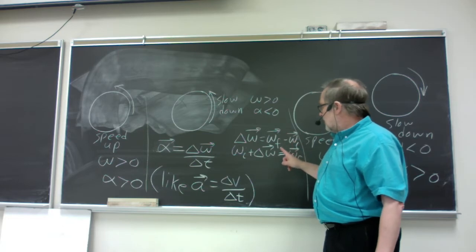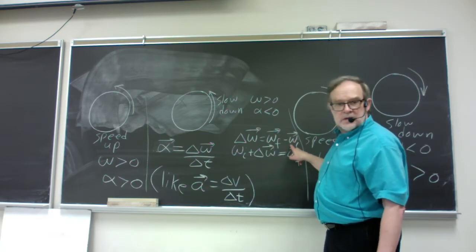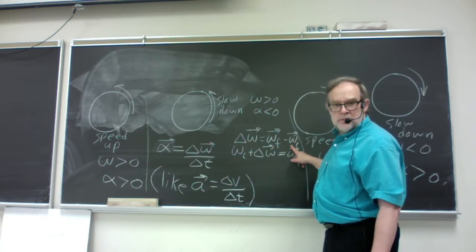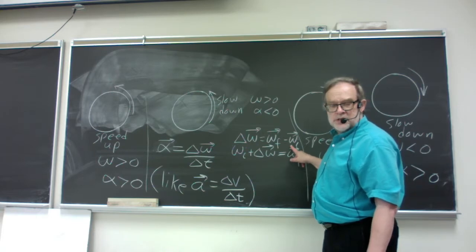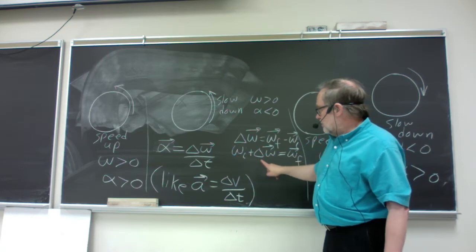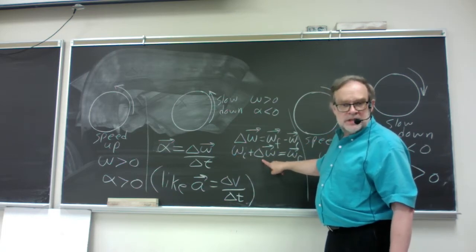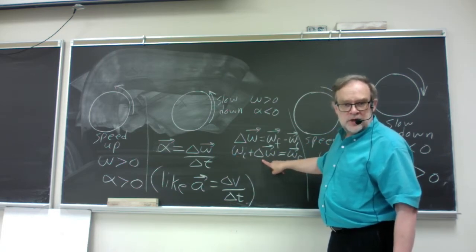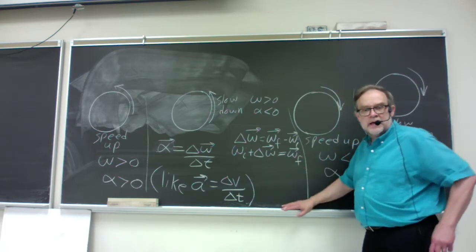So if we add omega initial, the initial angular velocity, to both sides of the equation, then now here on the left we have initial angular velocity plus delta omega, change in angular velocity, equals final angular velocity.